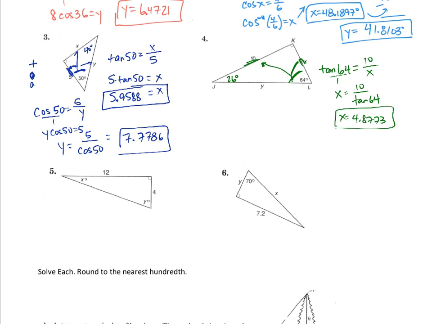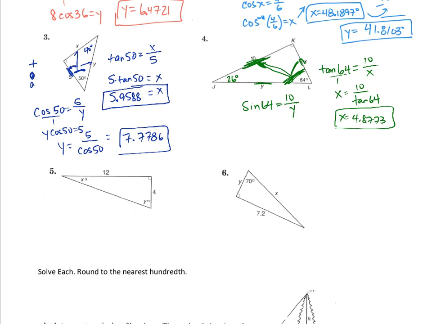Again, at this point you can use Pythagorean theorem to solve for y, but I'm just going to go ahead and use trig functions again. So now I need something that relates this. Here's the angle 64, this opposite to the hypotenuse, and that would be the sine. So the sine of 64 equals the opposite from this angle to the hypotenuse. So that would be 10 over y.